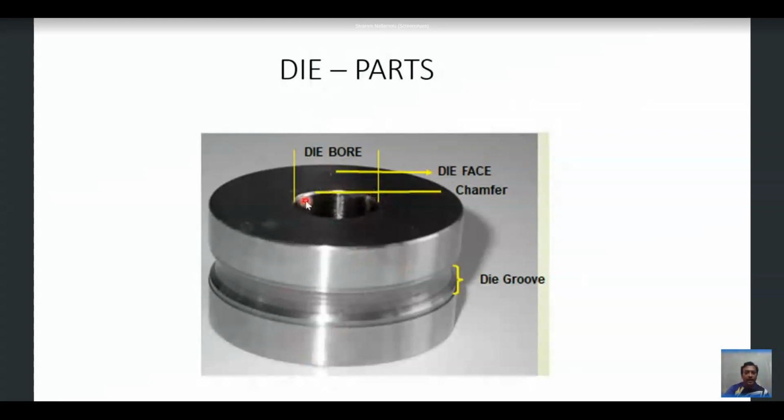This chamfer exists between the die bore and the die face. So what is the main purpose of the chamfer? The main purpose of the chamfer is to give easy sliding of the tablet away from the die bore and to make the tablet exit easily from the die bore onto the die face, and from there the ejection blade ejects the tablet onto the collection chamber.